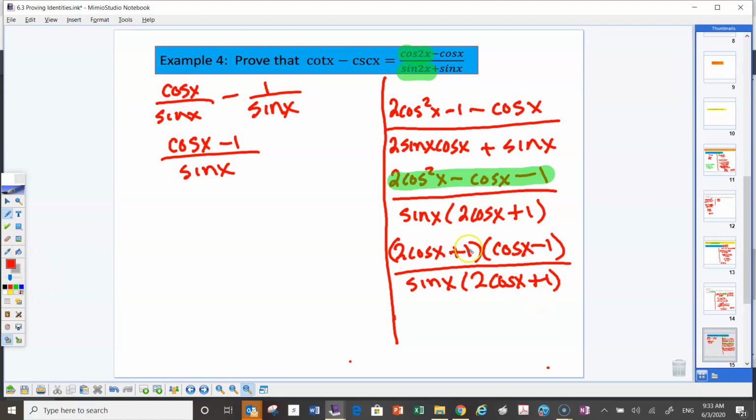And now the 2 cos x plus 1s will cancel, and we are left with cos x minus 1 over sine x. And QED, I've shown that the left-hand side equals the right-hand side.